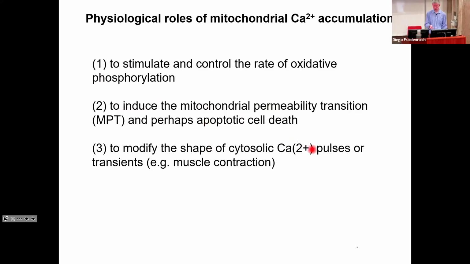And most importantly, Dr. Gopal Babu will talk about heart tissue, and also the calcium that's released from mitochondria, which is important for muscle contraction. So this is also important for mitochondrial function.